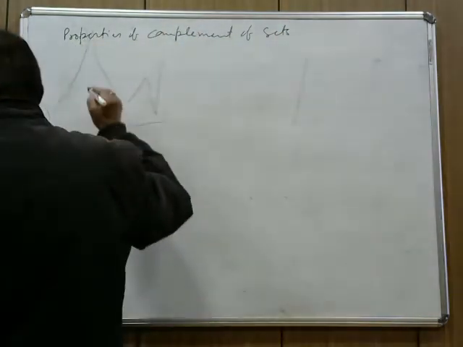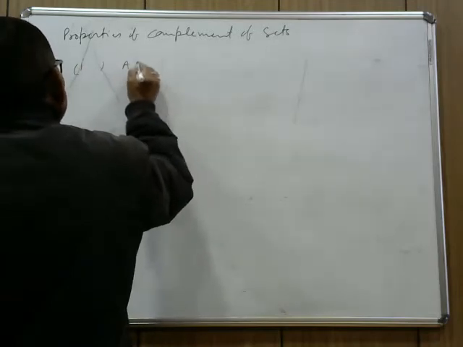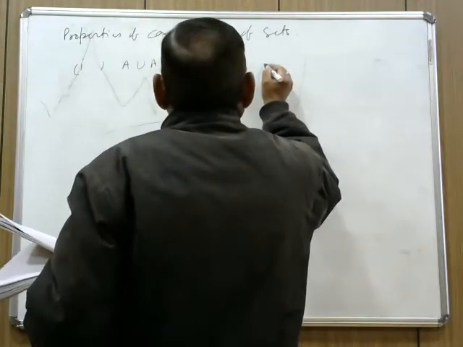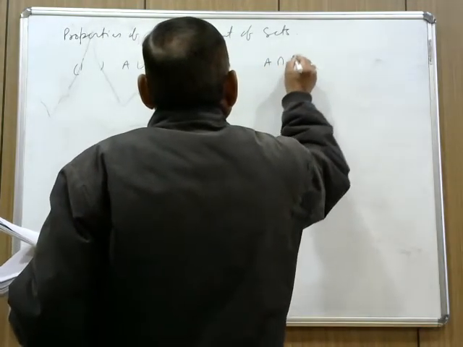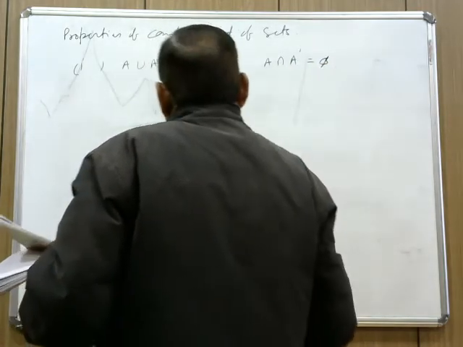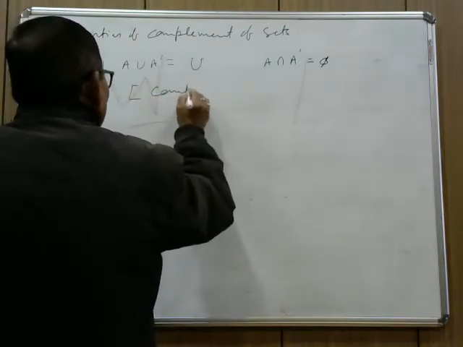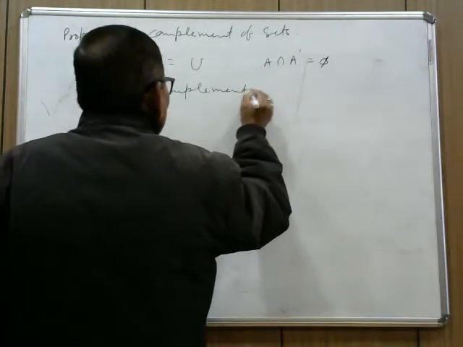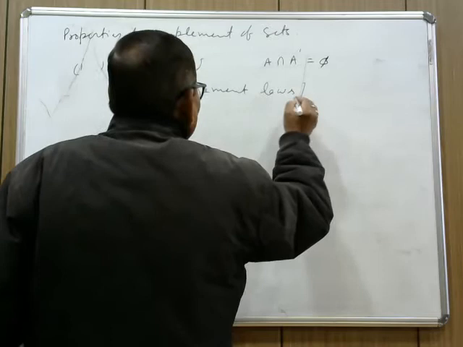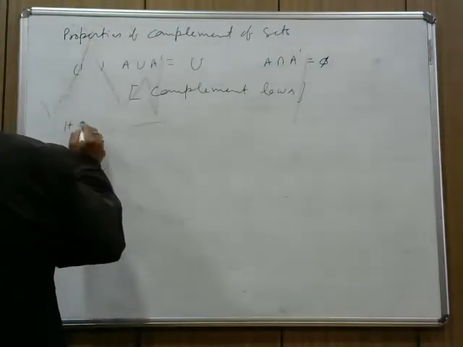First, A union A dash is equal to the universal set, and A intersection A dash is the null set. This property is called complement laws. We know this property as complement laws.